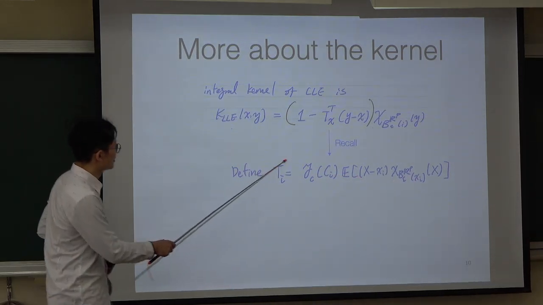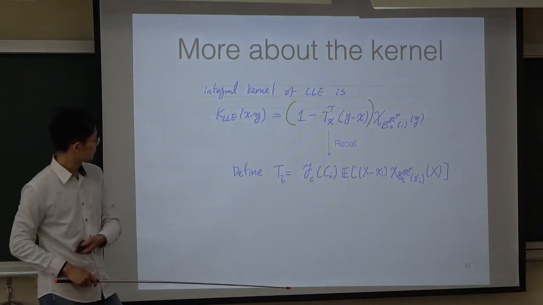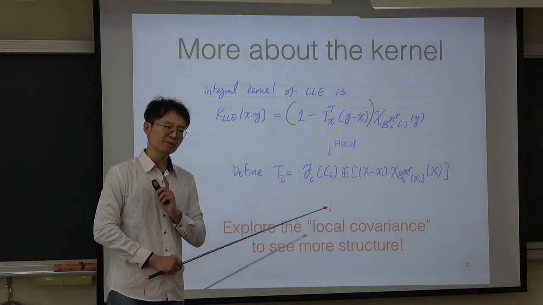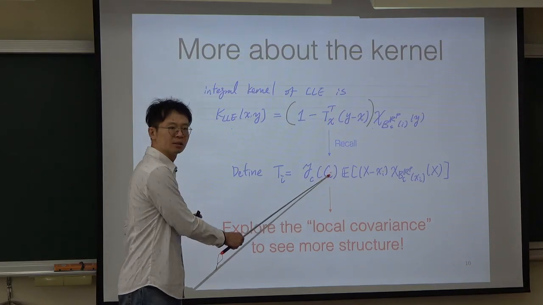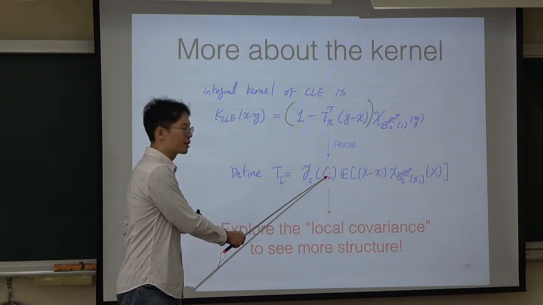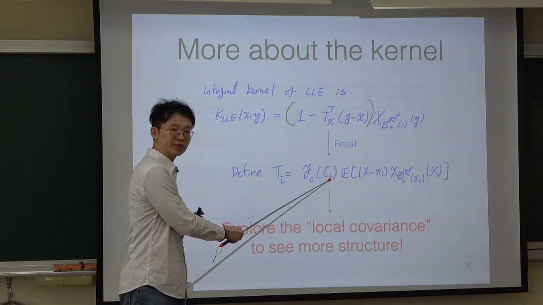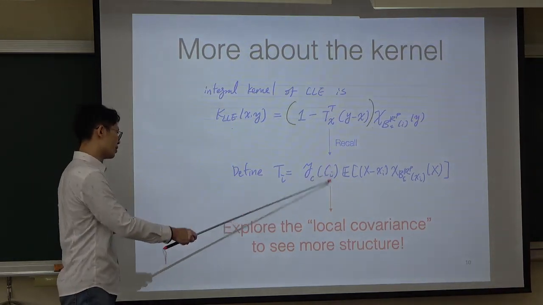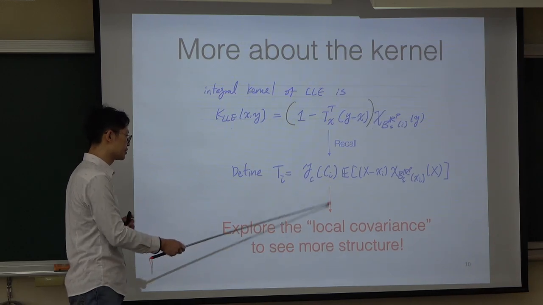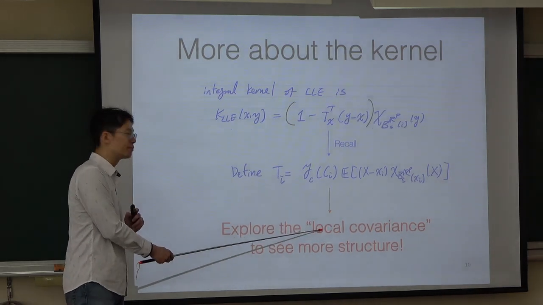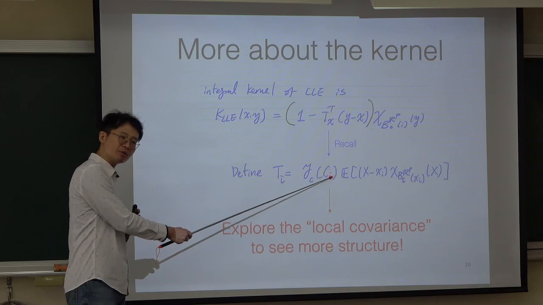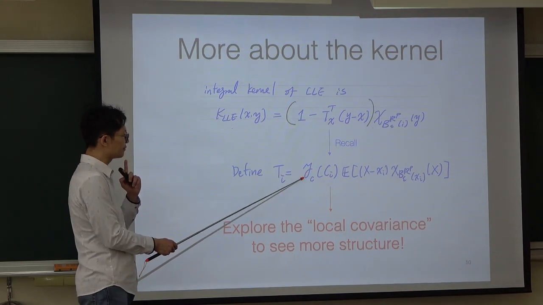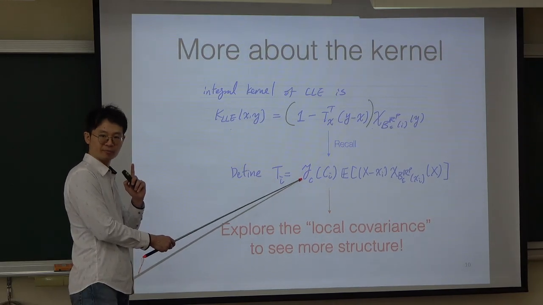So this is the augmented vector that we defined before. And what do you see, if you remember? Cx is what? This guy is the local covariance matrix. And we want to study and explore a bit more about what this local covariance is and what information it gives us. And more importantly, you may see that, look, you have this pseudo inverse.